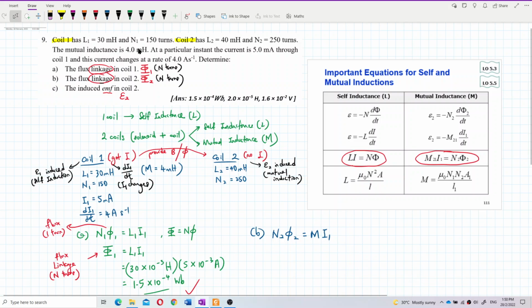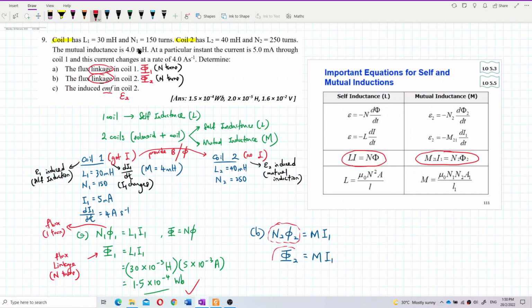I just want to write something here. This N phi is equal to the flux linkage in coil 2, which is M I1.